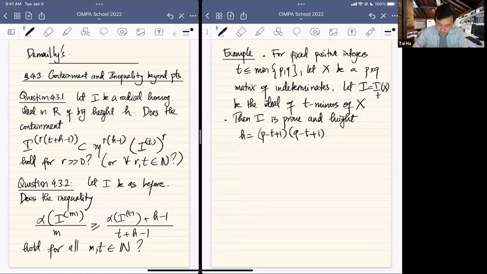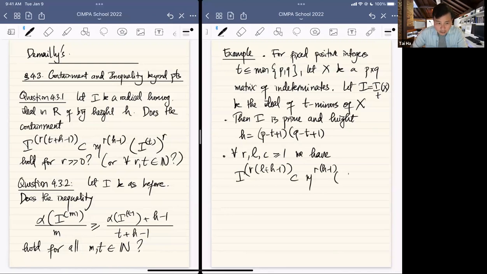And so what we can do is we can verify that for all r, l, and c, maybe I should use l, I already have t here, so l and c bigger than or equal to 1, we have I to the r(l plus h minus 1) contained in m to the r(h minus 1), I to the power l to the power r.